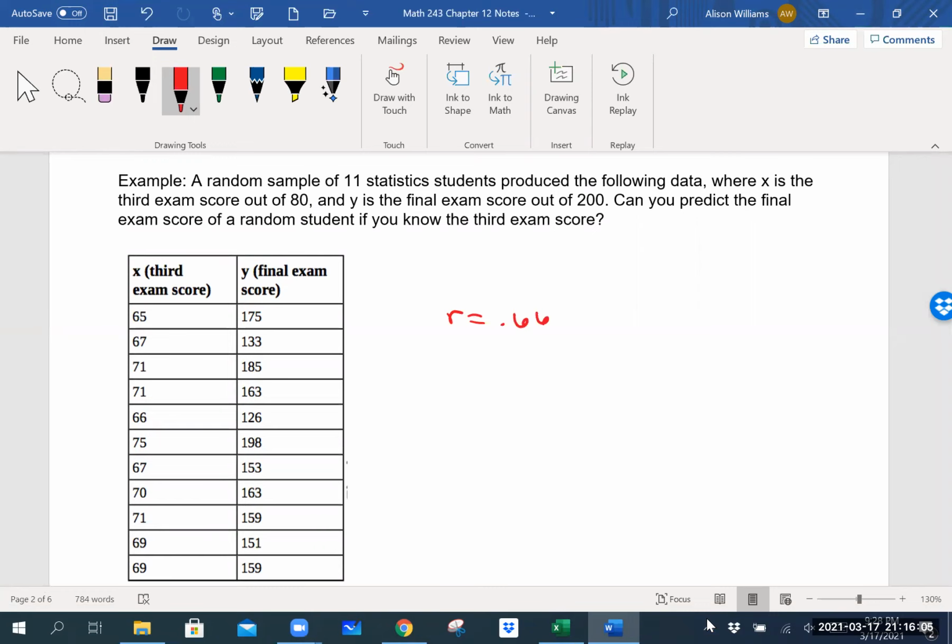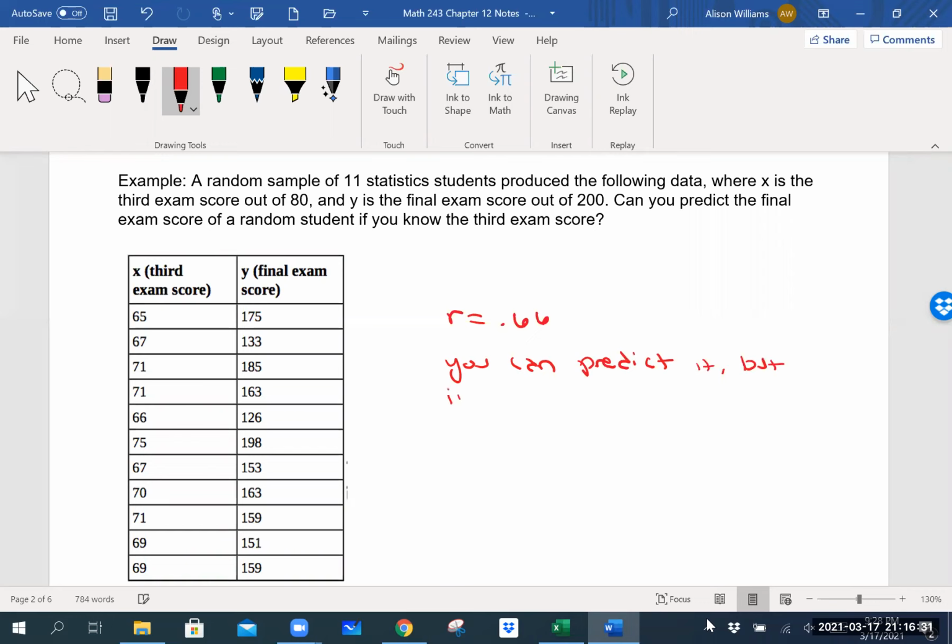Now this is definitely not as strong even as my last one. And based on the graph, it really wasn't even all that great of a relationship, but it's certainly not what you would call a weak linear relationship. So I would say you can predict it, but I don't think it's going to be that accurate.